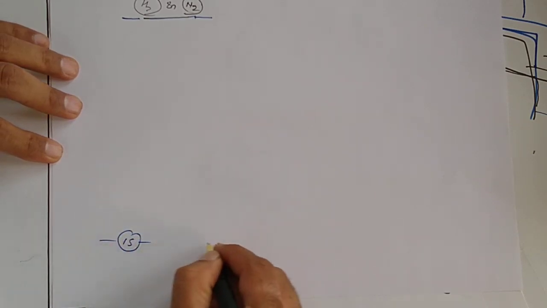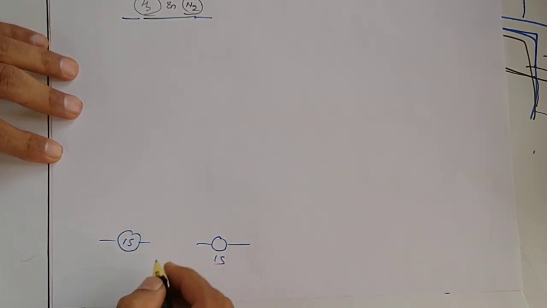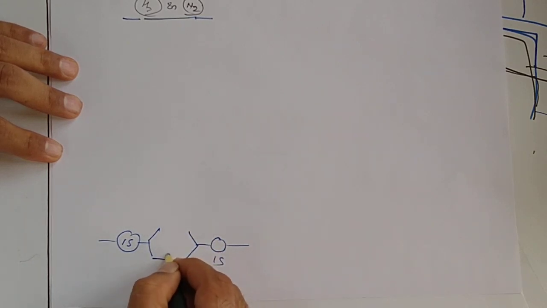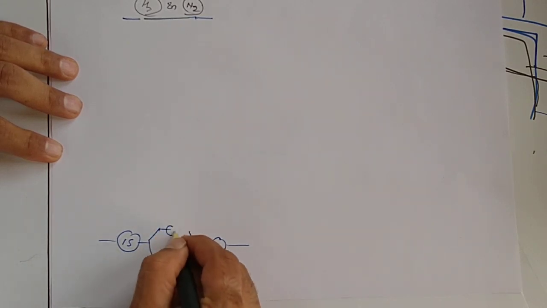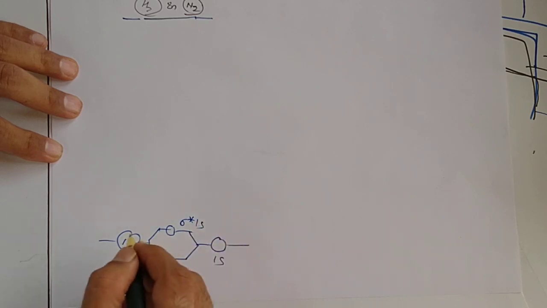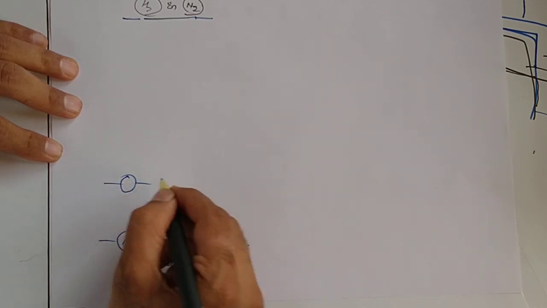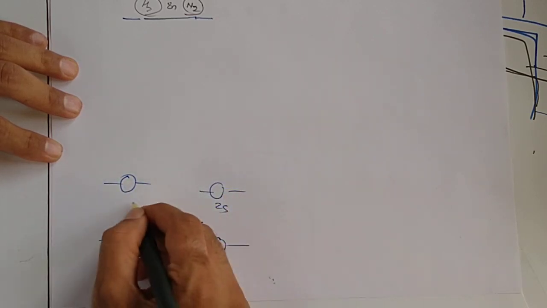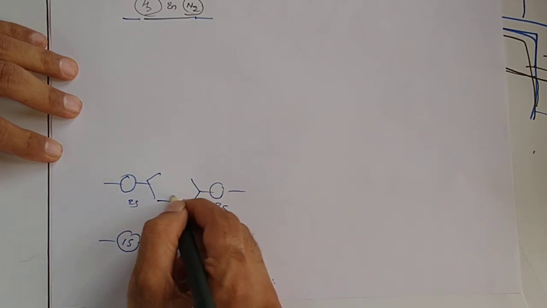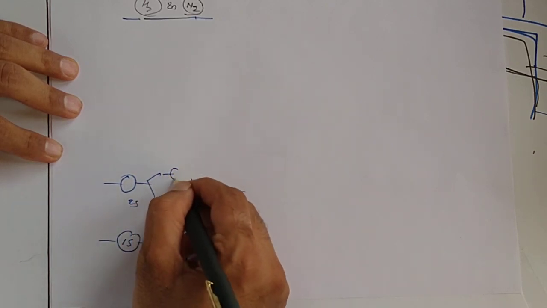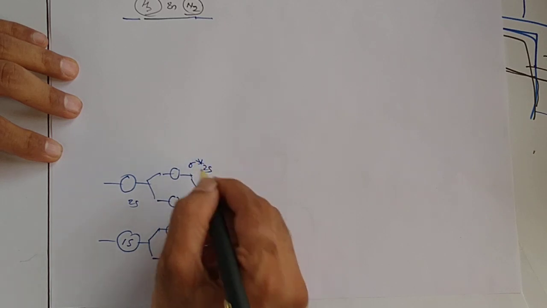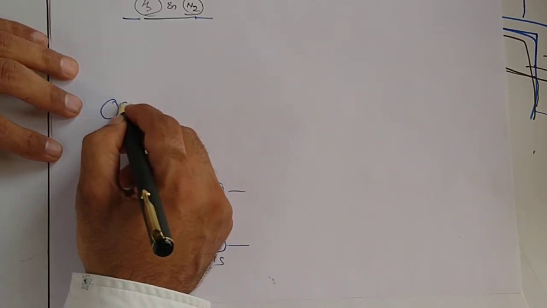If 1s and 1s are combining, it forms sigma 1s and sigma star 1s. If 2s and 2s are combining, it gives sigma 2s and sigma star 2s.